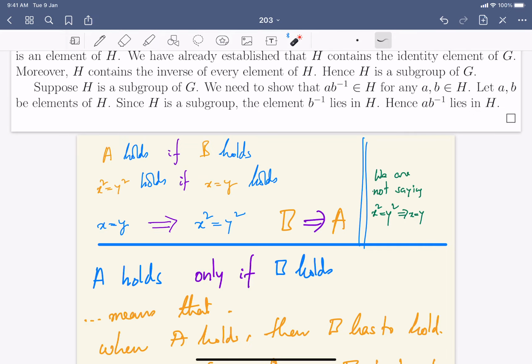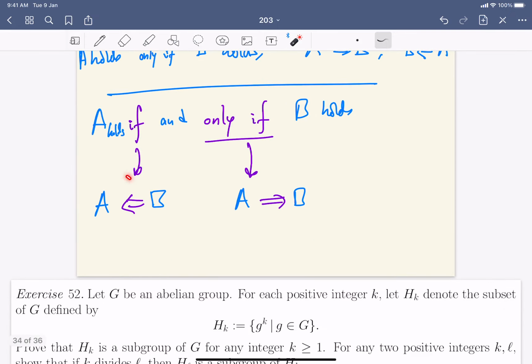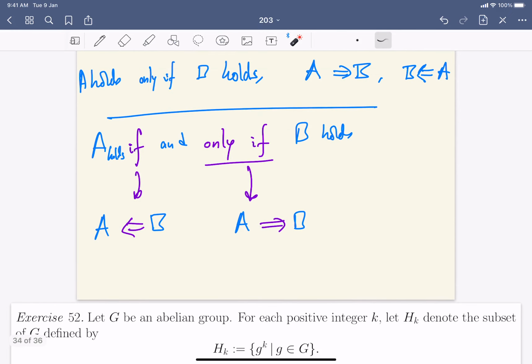This is the reverse implication symbol, okay? And only if denotes this direct implication symbol, so please keep this in mind. There is not much to understand here. Probably what one needs to understand is the English meaning of the words if and only if.